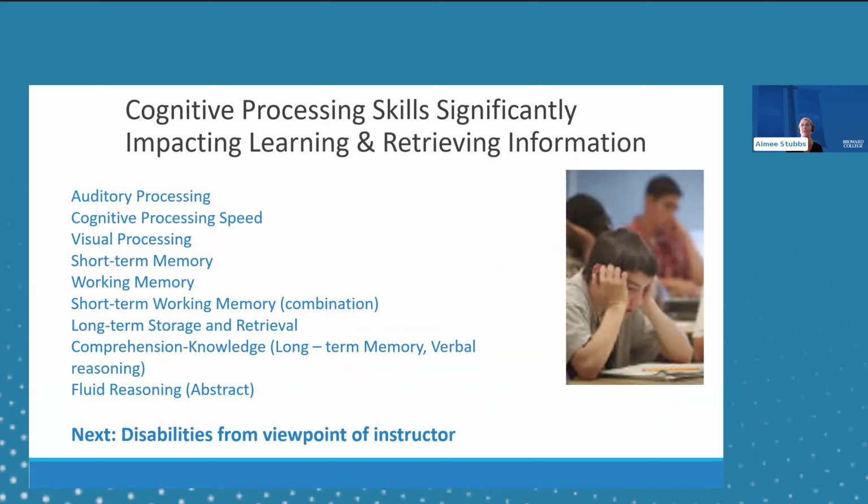There's a lot of technology out there that's phenomenal to assist with auditory processing in the classroom and the cognitive processing speed. Any of those disabilities we talked about impacts the cognitive processing, which means how they understand what is being said. Those are the students that are most severely impacted from those auditory and cognitive.